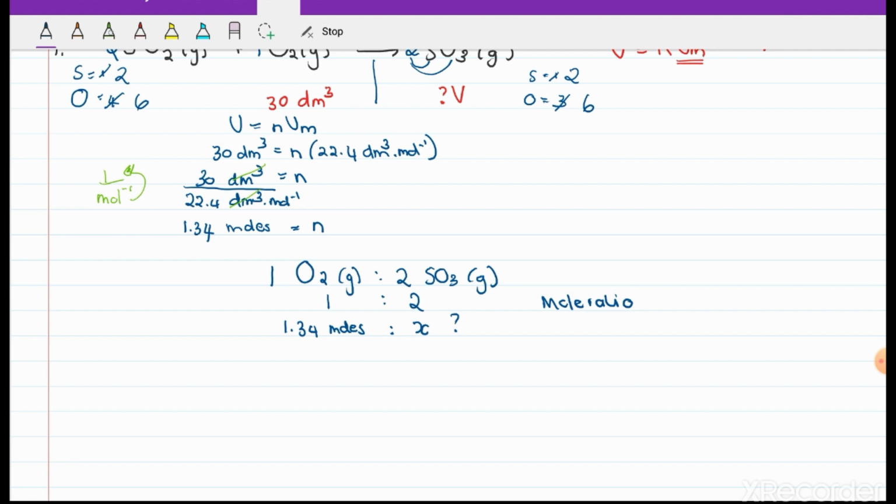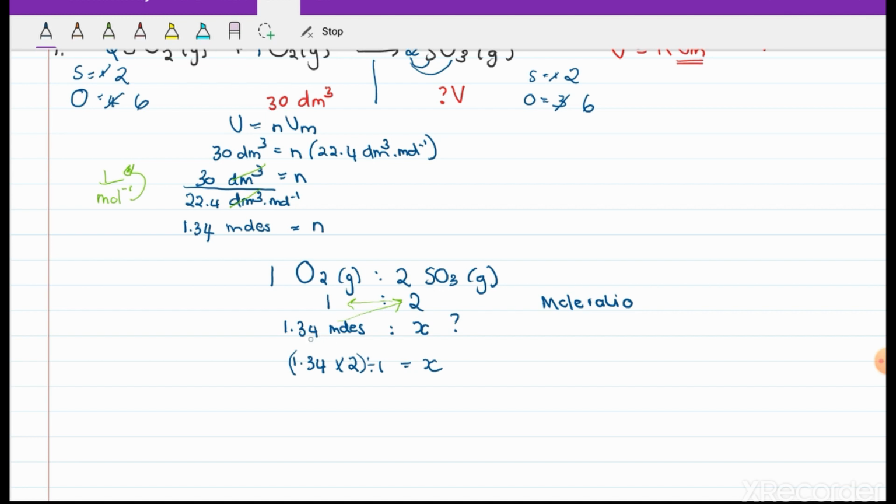And from simple and basic mathematics, you know that if you have X and you have a ratio, when you go across, you times, and when you go sideways, you divide. Okay? So in other words, you will say 1.34 times 2, divided by 1. And that will give us X. That will give us the number of moles here.